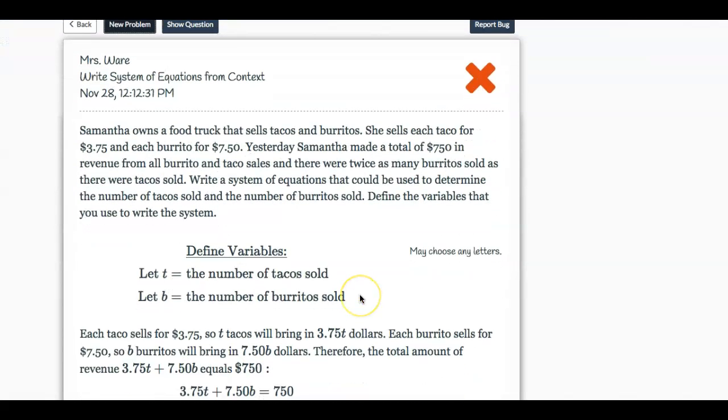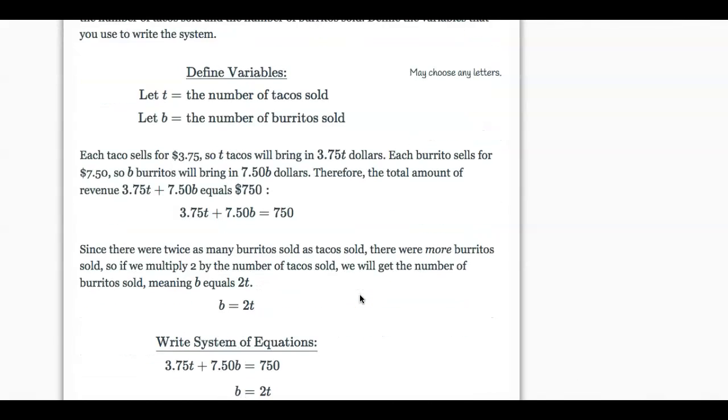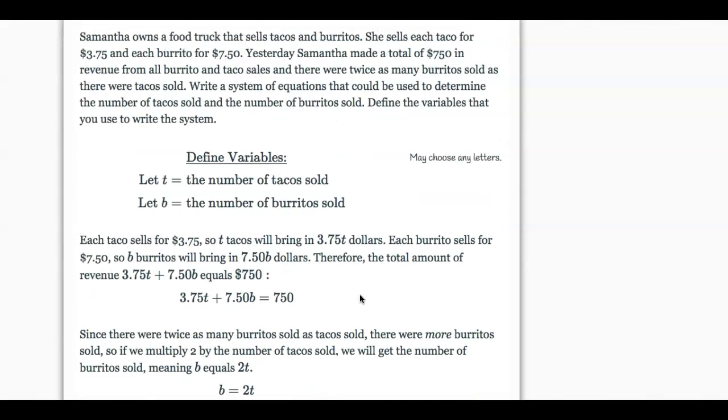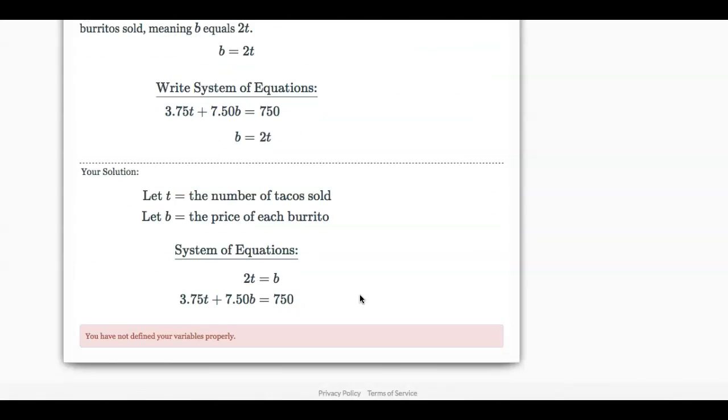Whoa, what did I do wrong? Each taco is $3.75. Where's my answer? Oh, I put price of each burrito accidentally. I want the number of each, and that's what I was thinking, but this is a really good example. I'm glad I made this mistake. Even if you know what you're doing, you have to be careful and click the right thing.